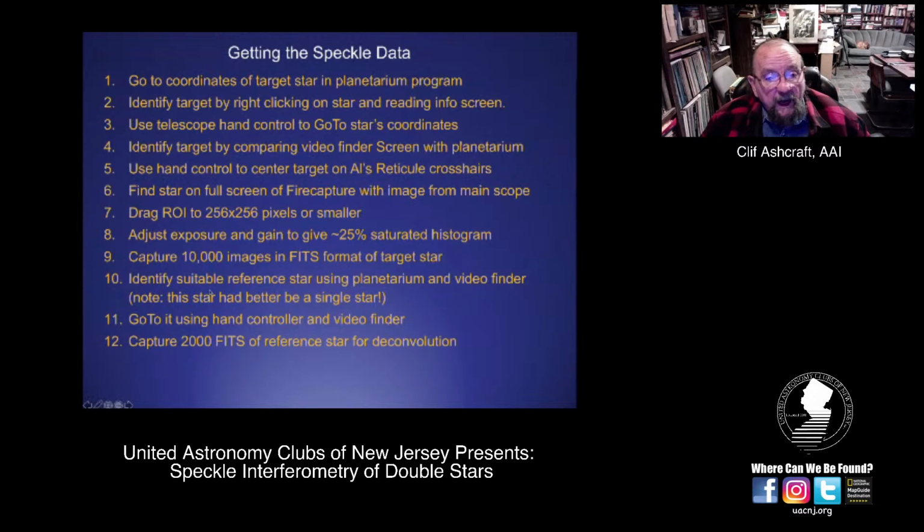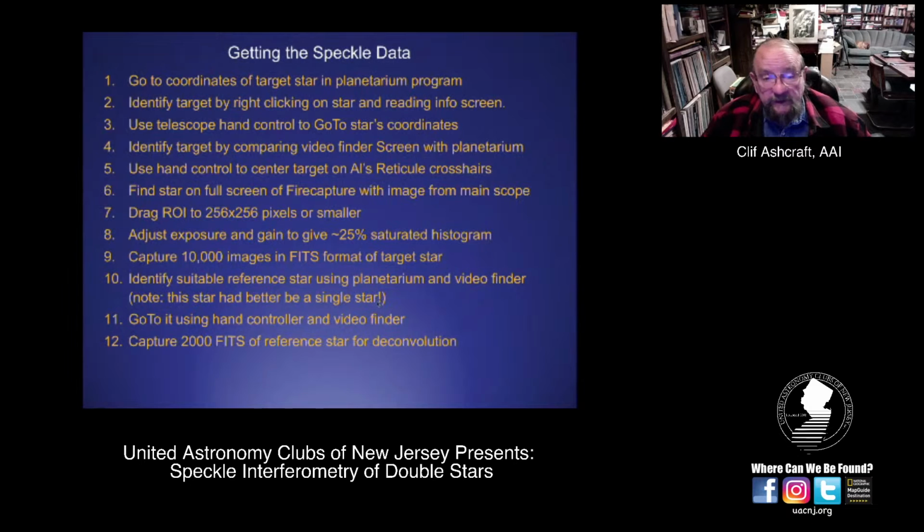I also need to identify a suitable reference star about the same brightness as the double star using the planetarium and video finder. You better not pick a double star. That's why it's nice to have the catalogs built into Guide 9.